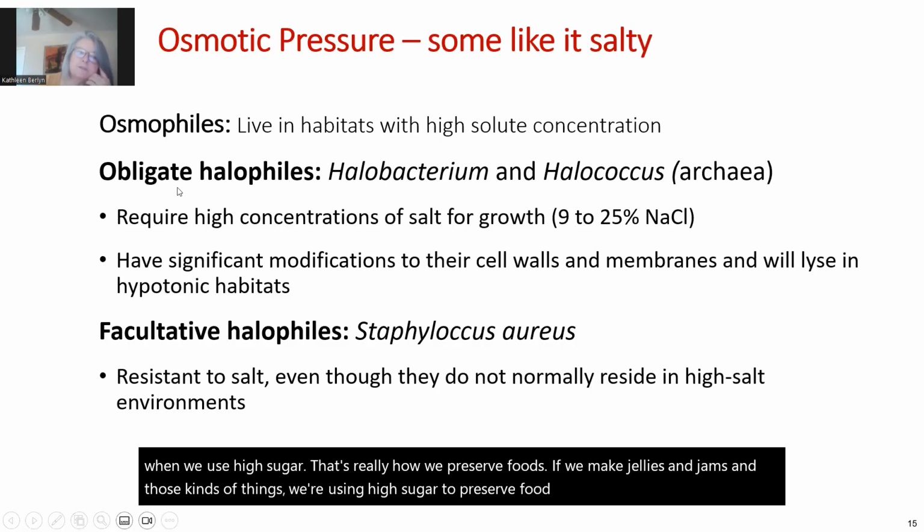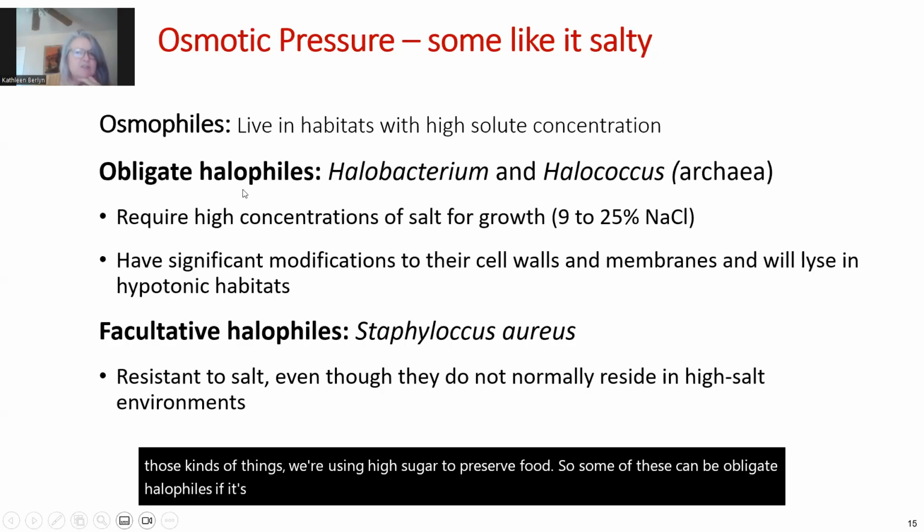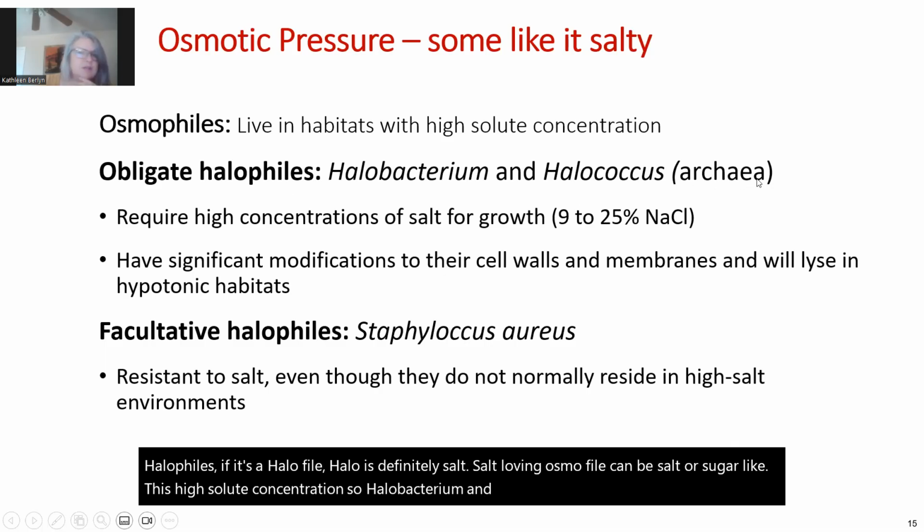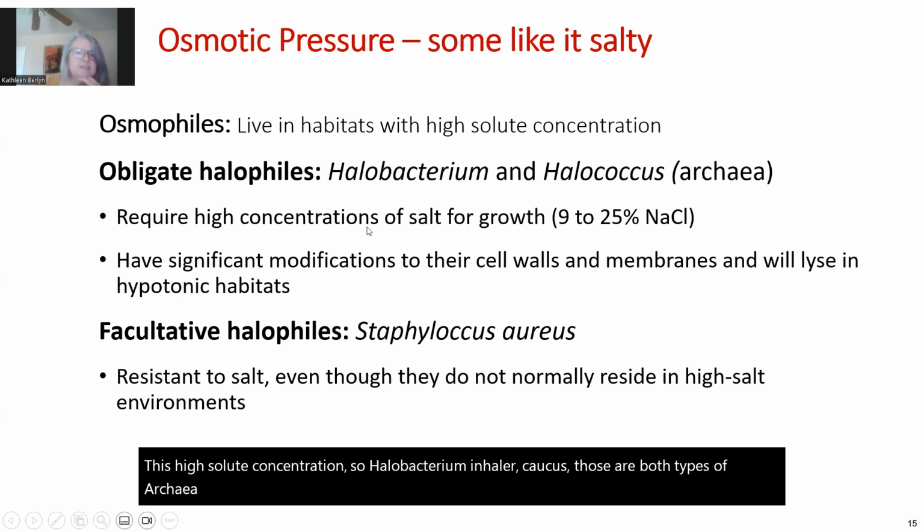Some of these can be obligate halophiles. If it's a halophile, halo is definitely salt loving. Osmophile can be salt or sugar, just high solute concentration. Halobacterium and Halococcus are both types of archaea. They like to grow in very high concentrations of salt, 9 to 25%.